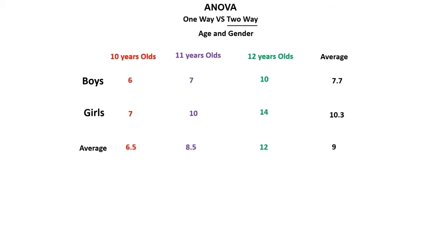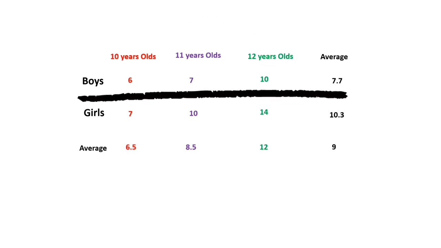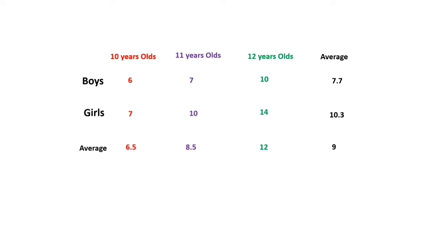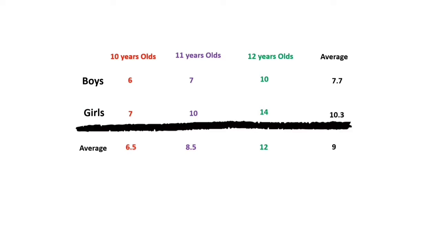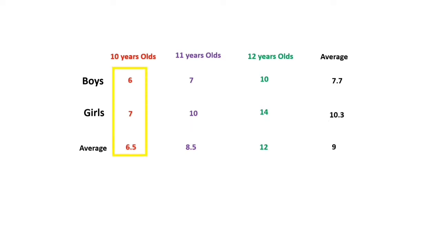In this table, I ended up with averages for all the boys by age group and total. Also, averages for all the girls by age group and total. I have 10-year-old data broken down by gender and total average, 11-year-old broken down, and 12-year-old broken down.